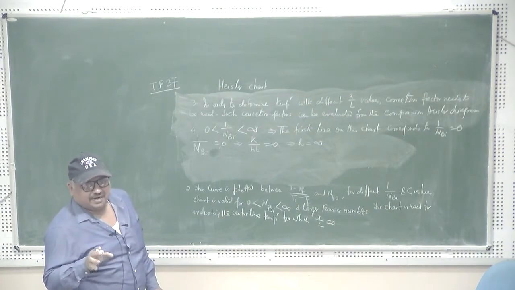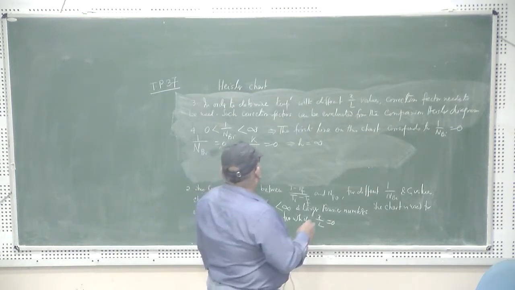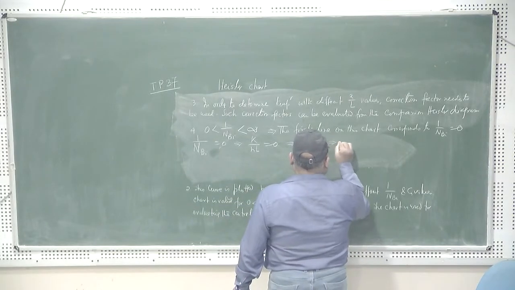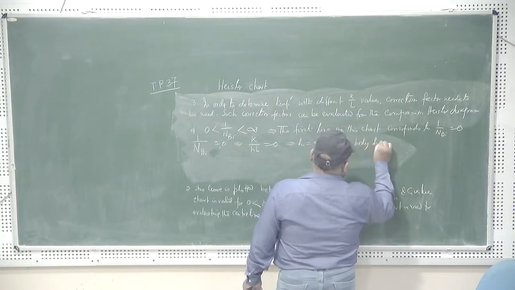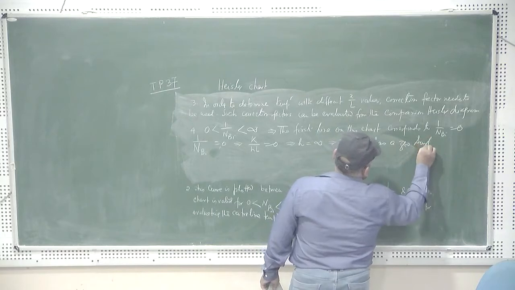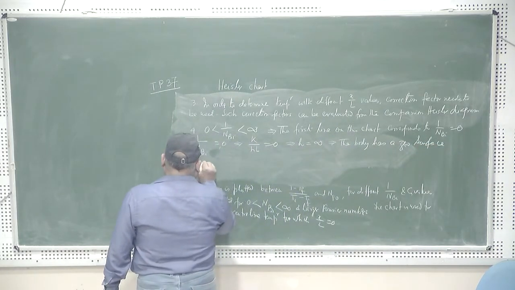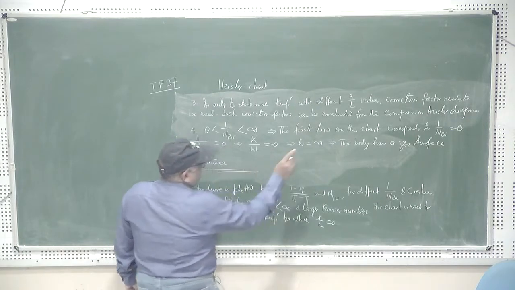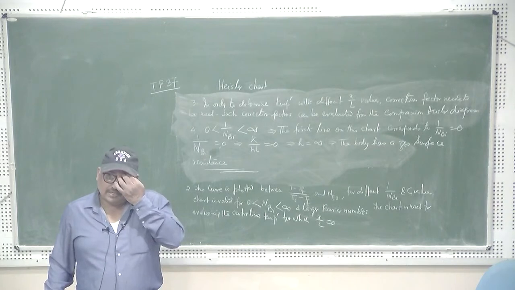What does it mean? It means the body has a zero surface resistance. That means there is no resistance to heat flow so far as the surface is concerned. This is all about the Heisler diagram.